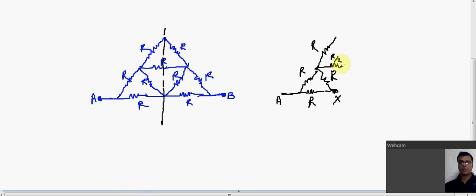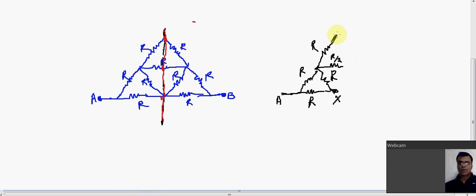So this is R by 2, and so basically when we talk about line of symmetry, all the points on this line will be equipotential. All of them will have same potential.